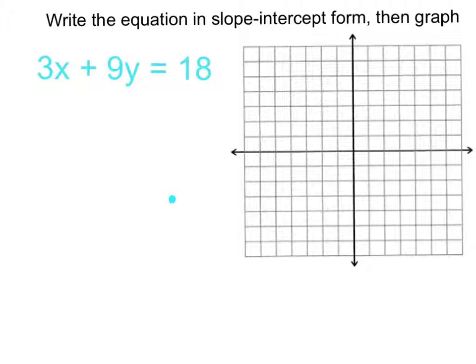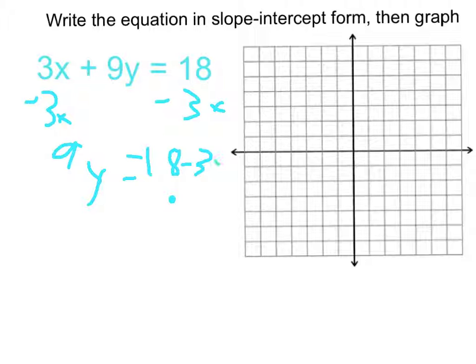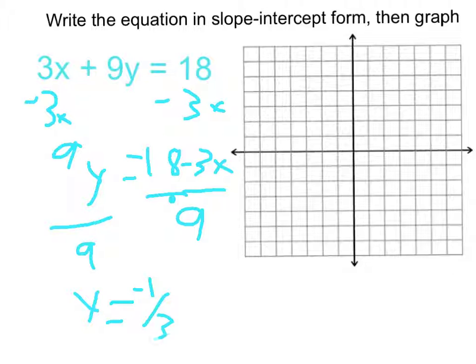We first subtract 3x from both sides, so that your new equation is 9y equals 18 minus 3x. Next, we have to divide by 9 on both sides, so that your new equation is y equals negative 1/3 x plus 2.